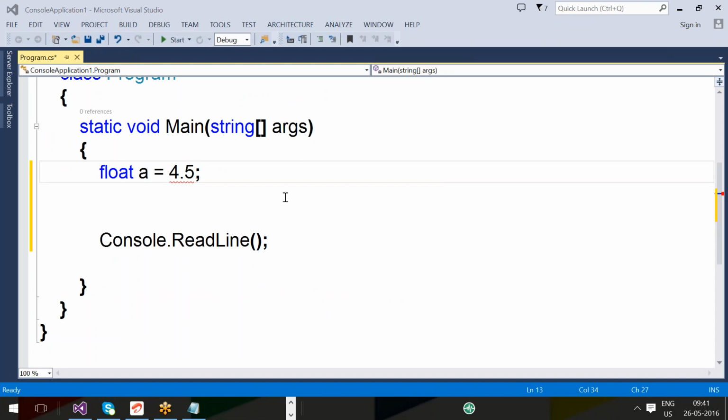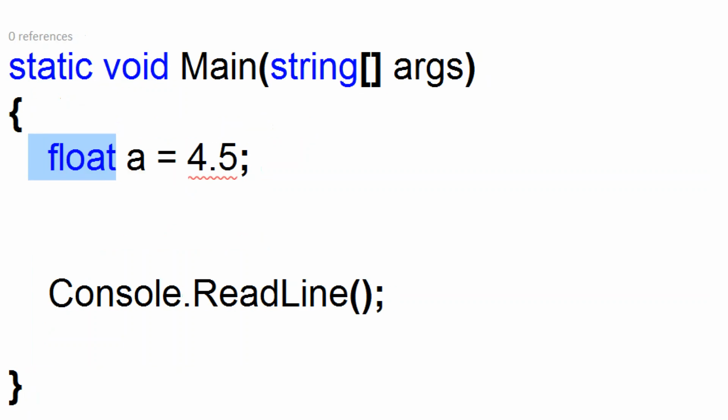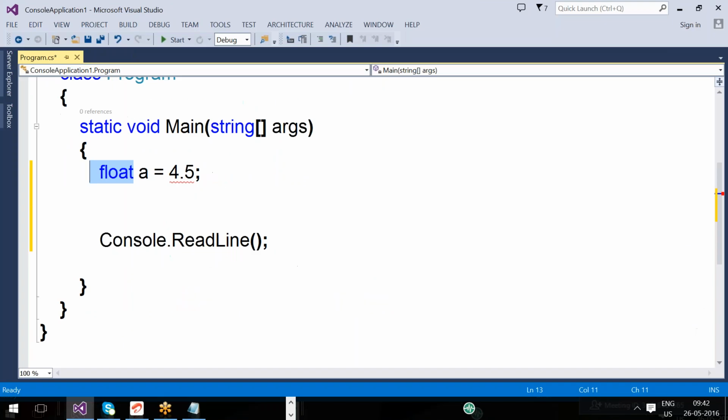Valid. Here you can observe one thing, that is variable name is a. Data type is float. Now even the RHS type is also floating data. But even though, is it valid or invalid? Invalid. It's showing error.